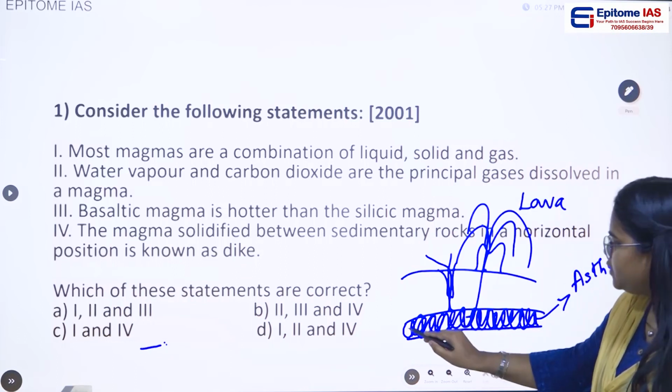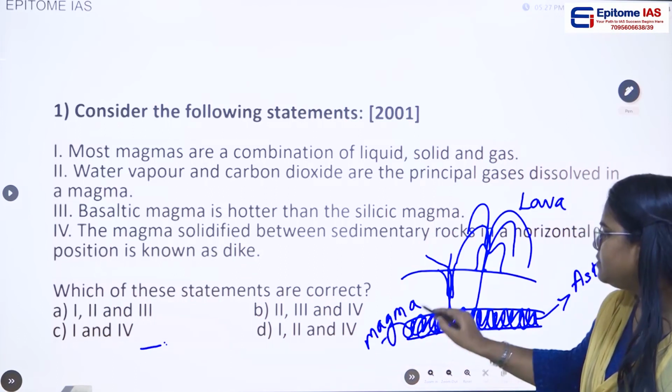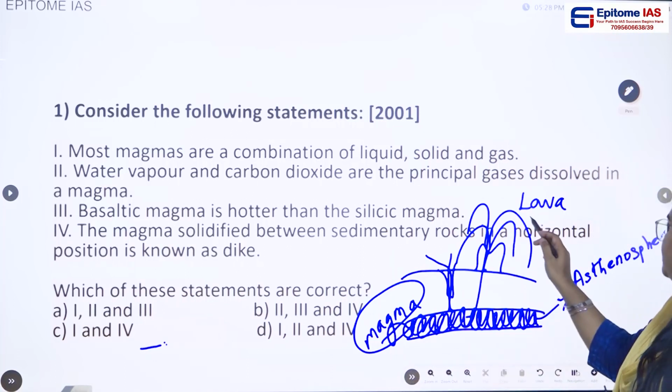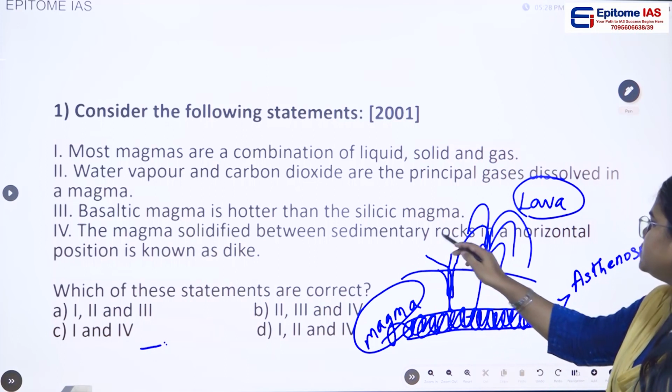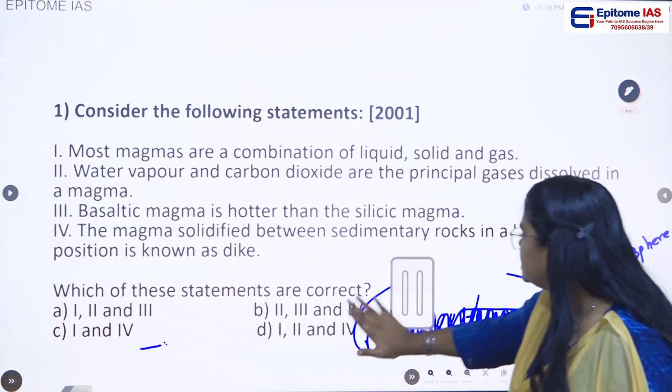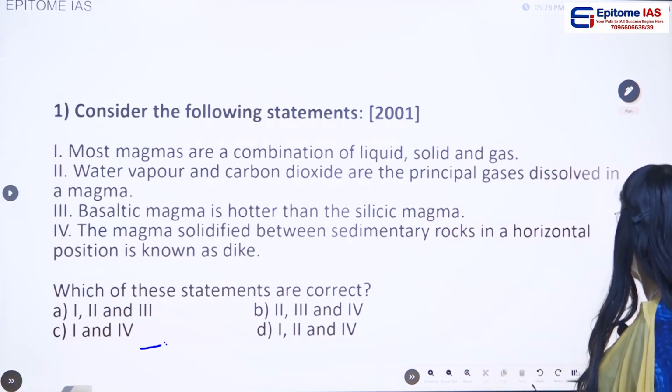So when it is inside the earth, we call it magma, and when it comes out onto the surface of the earth, we call it lava. This is the basic difference between magma and lava.